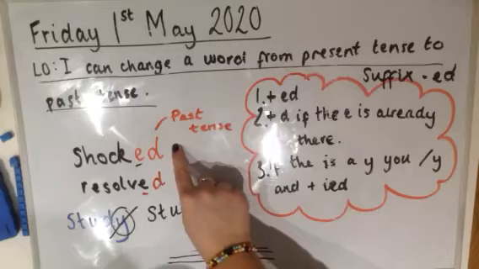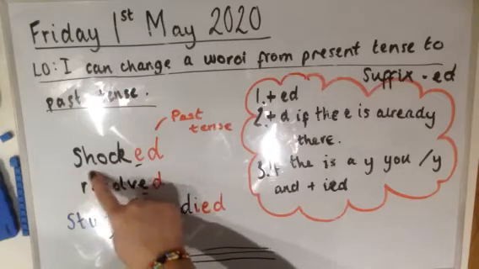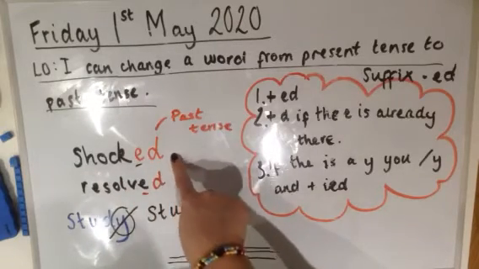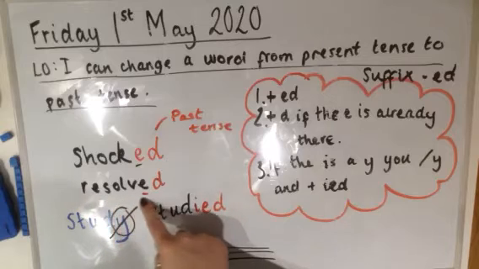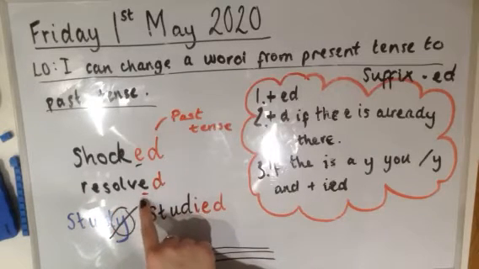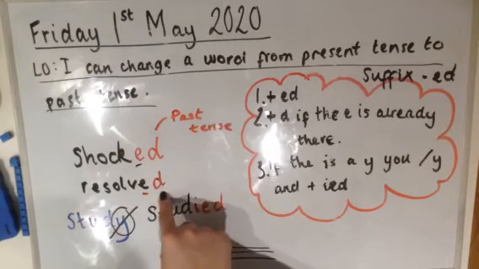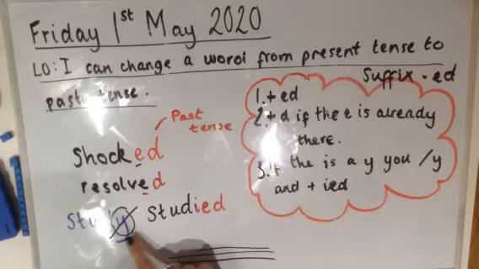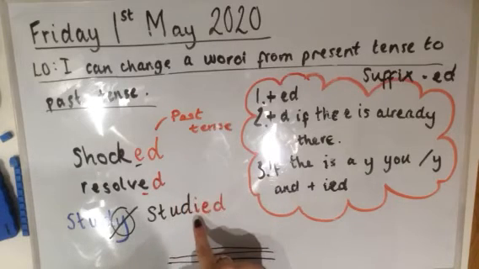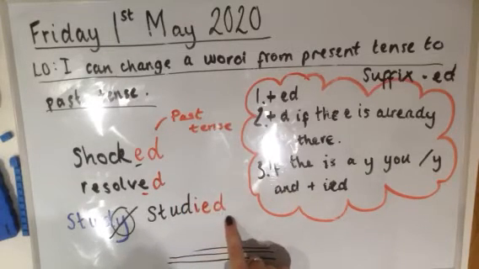Rule number 1, if it's just the word shock, we add ed. If the word like resolve has an e already on the end, you just have to add d. And if the word is study, for example, but it has a y on the end, like study does, you cross the y and you add ied.